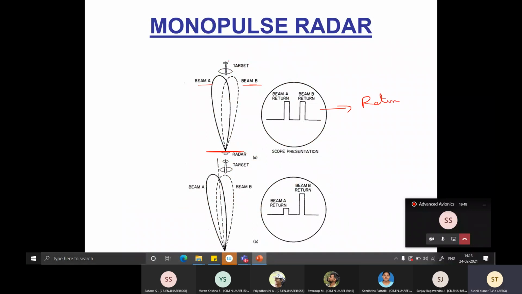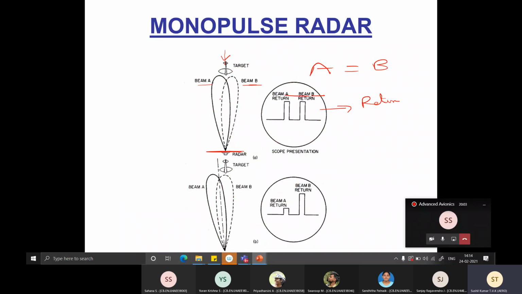If the target is on the axis or on the center line of these two beams, then the strengths of A and B will be equal, A equals B. So you know that the aircraft is coming in this direction.